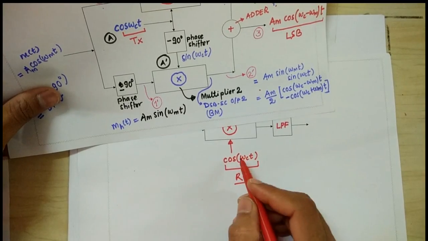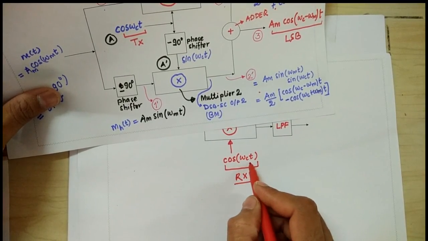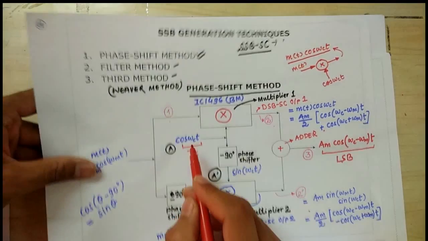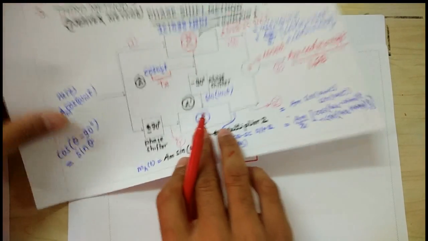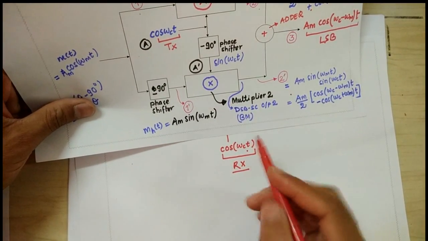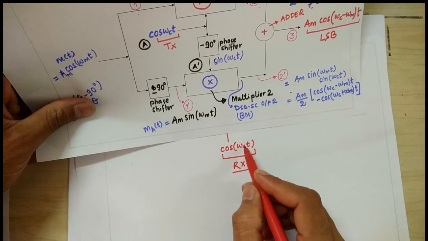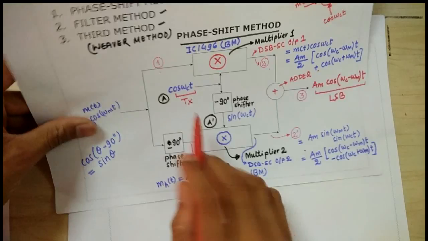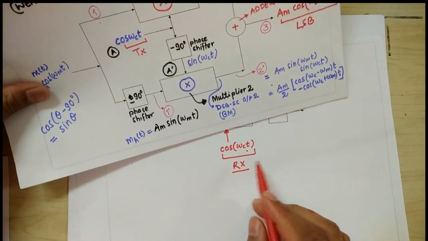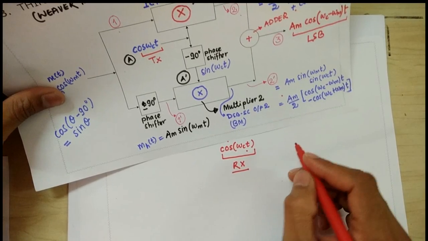So the carrier signal which I am going to generate, cos omega C t, and the carrier signal which I am generating at the transmitting side are not from the same signal generator. So we should have synchronization of the frequency and phase in the carriers at the transmitting side and at the receiving side. What do I mean by that?